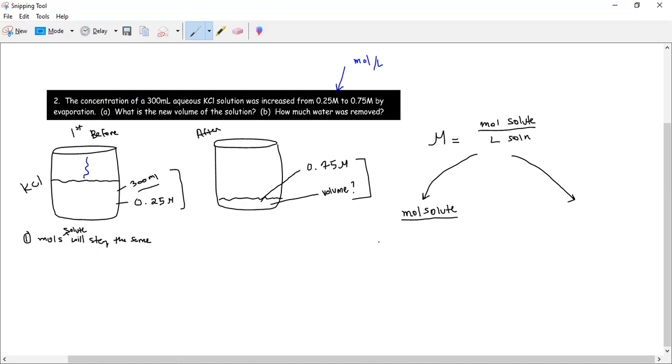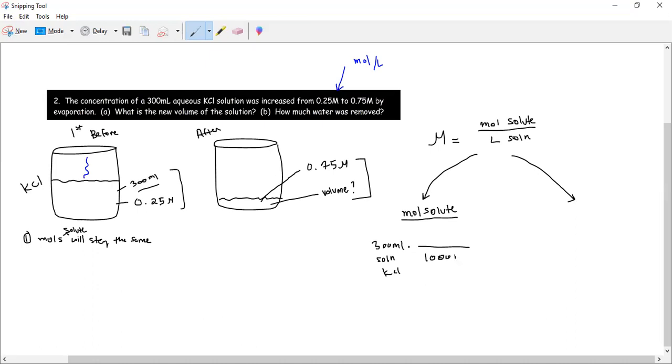So we'll start with 300 milliliters of solution. This is, of course, of KCl. So as I move forward, I am sort of talking in terms of KCl, or potassium chloride. And then, of course, we can express this as liters.